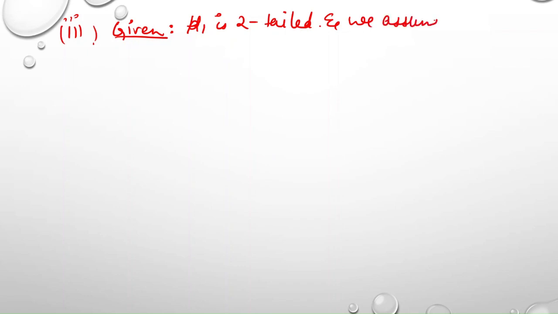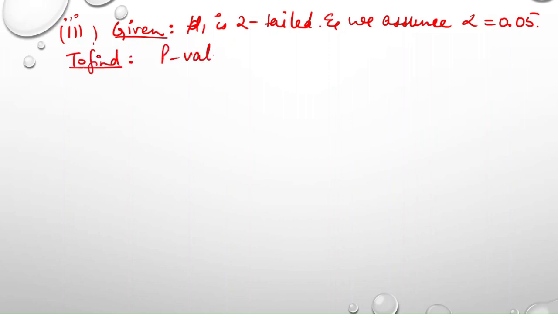The alternative hypothesis H1 is two-tailed, and we assume alpha to be 0.05.